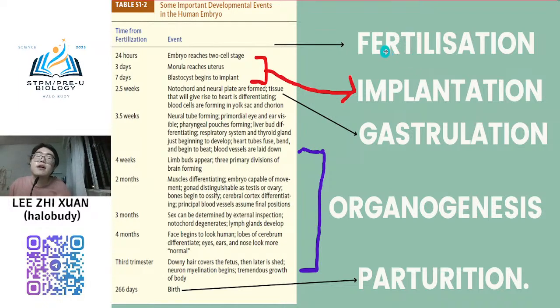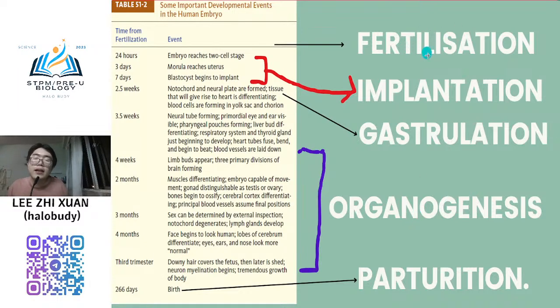Once the fertilization process is completed, it leads to the implantation process. So you see the morula and blastocyst, it implants. This is what we call the implantation process. After implantation, it will go through two processes we call gastrulation and organogenesis during pregnancy.